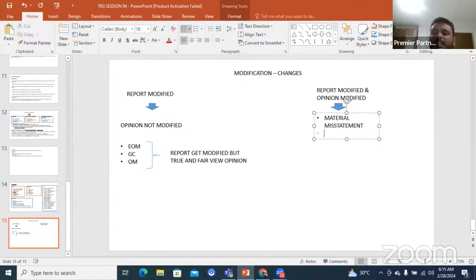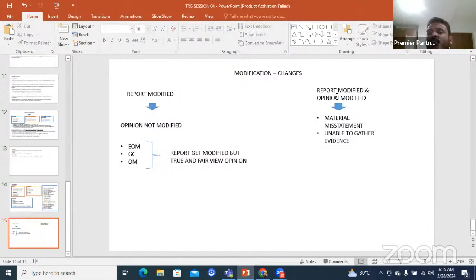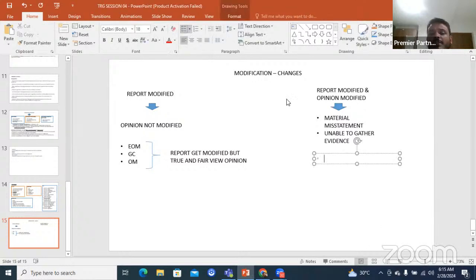When a misstatement is material, we modify the report and the opinion. Second is unable to gather evidence. When we are unable to gather evidence, then also we modify the report and opinion. There are 3 types of modification to the opinion: one, qualified; two, adverse; three, disclaimer.